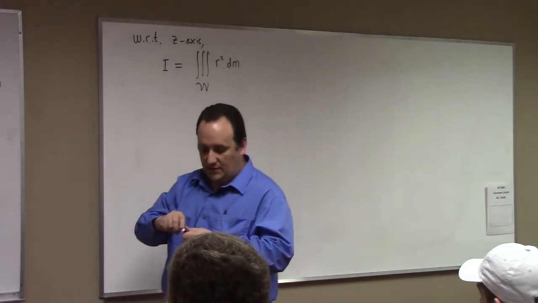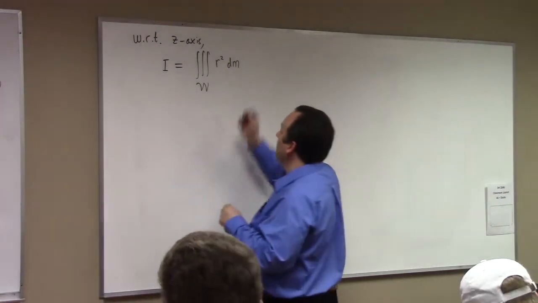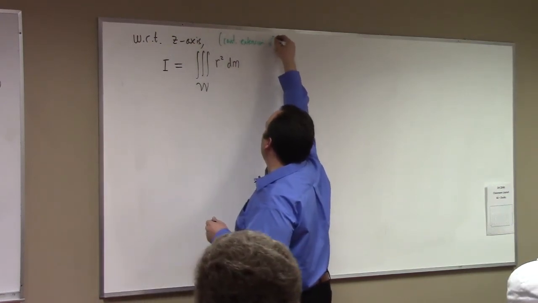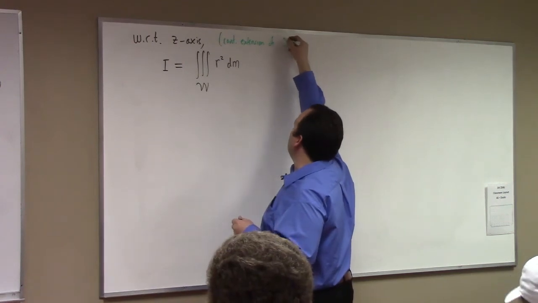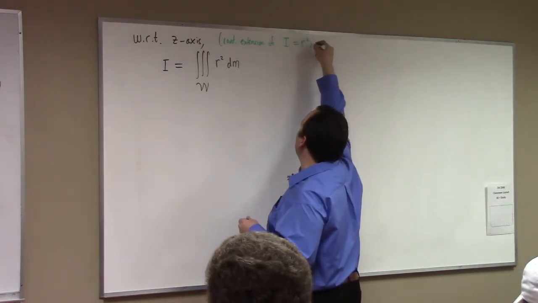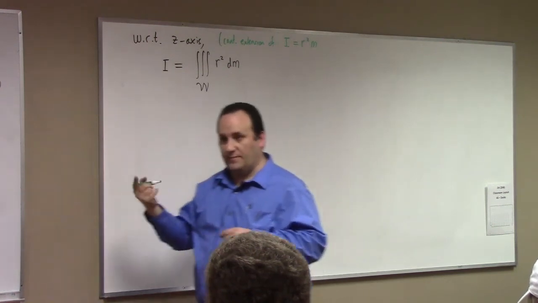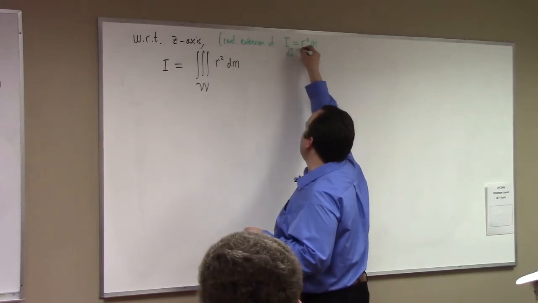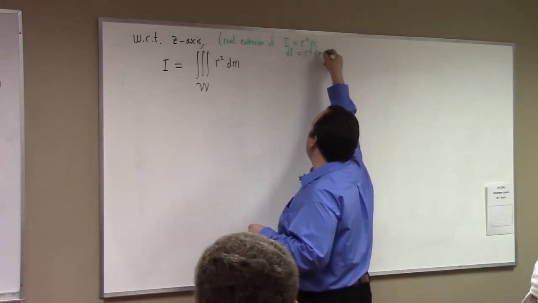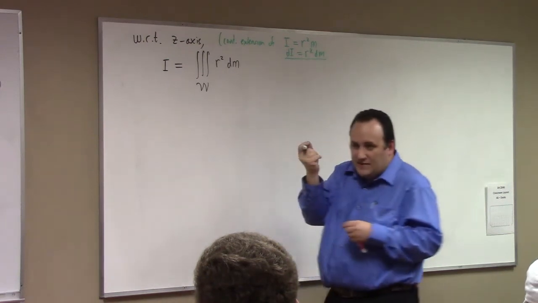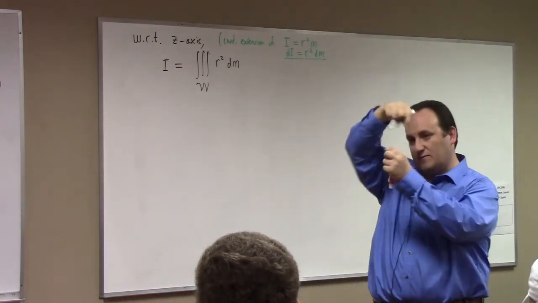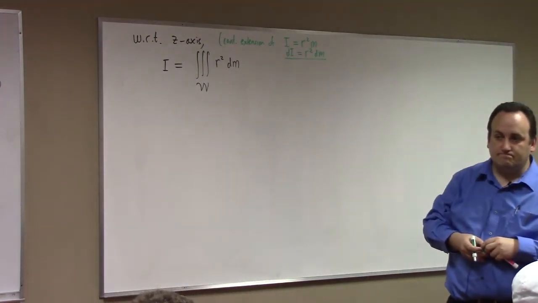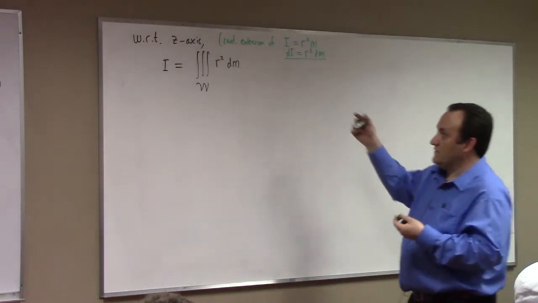If you've studied physics, this is the continuous extension of the moment of inertia for a single mass, which is r squared times m, the moment of inertia for a point particle. So the little infinitesimal moment of inertia is r squared times dm, for a little mass at distance r from the axis of rotation. To find the total moment of inertia, we just add those up over the volume. For you guys, this is essentially the definition.